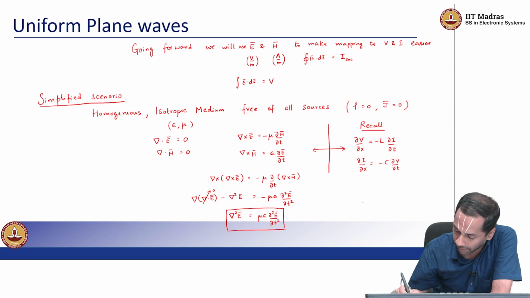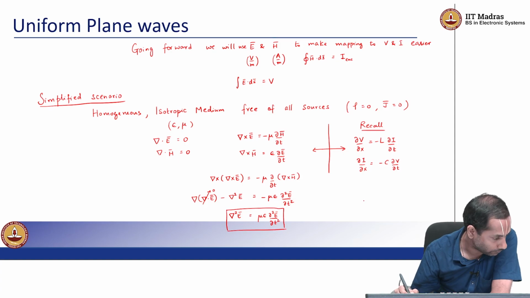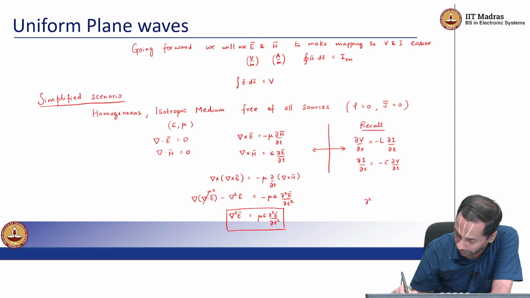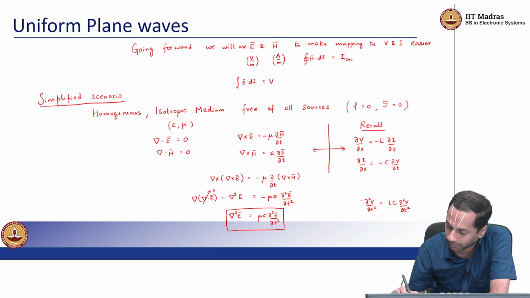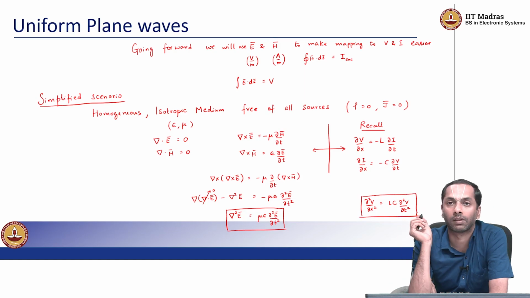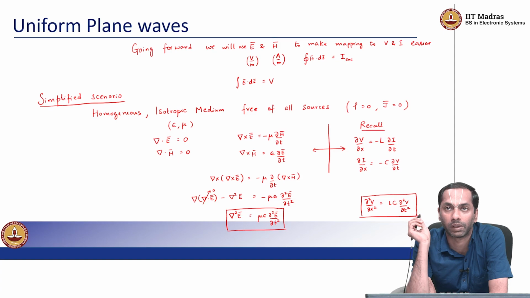right? In this case, I believe we had dou squared v by dou x squared equals LC dou squared v by dou t squared. Right. So remember the voltages and currents, we had to deal with only single dimension.